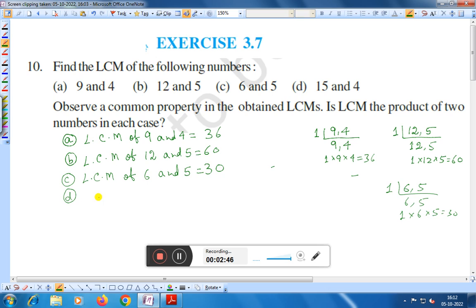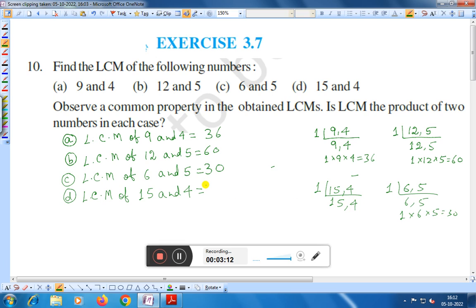Next, question number D. Question number D is 15 and 4. Therefore, the LCM of 15 and 4: you will see that they are divisible only by 1, but by no other number.